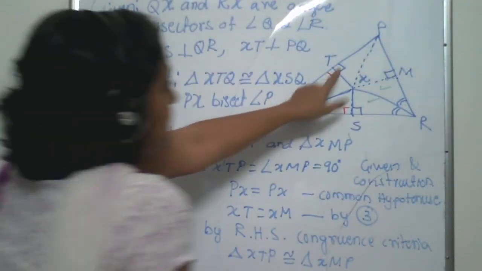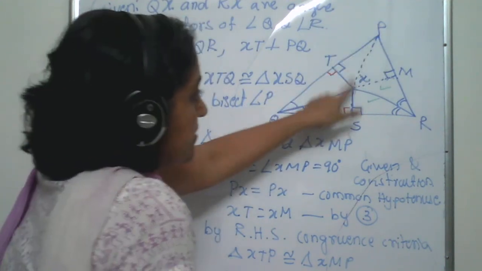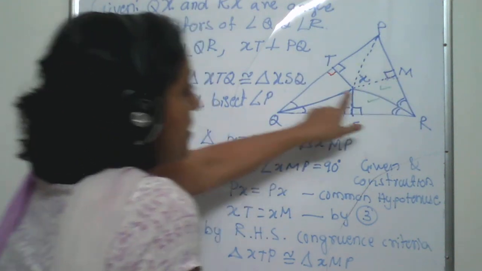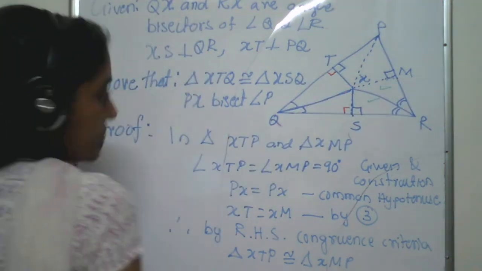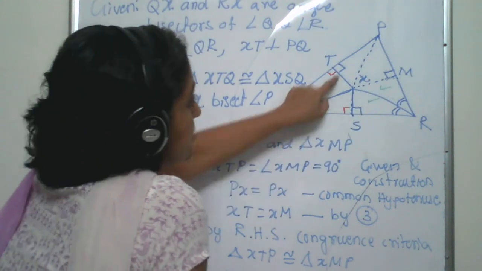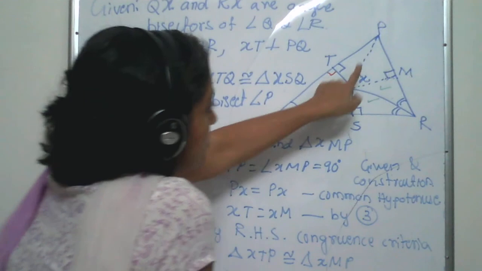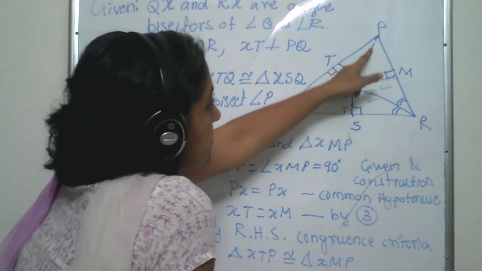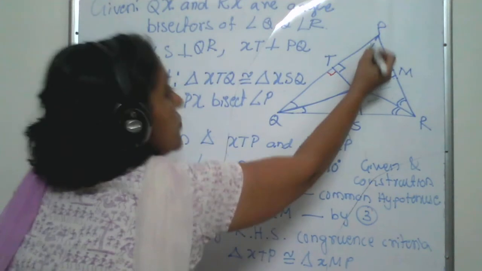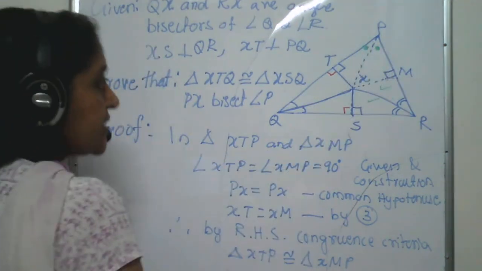I'm showing you now, just watch it here. This is right, this is also right. The hypotenuse is at the center, so it is the common hypotenuse. XT and XM are equal by what we have proved. These two and these two are congruent by that, so it is RHS. Now when these two are congruent, the angles over here become the overlapping angles and they are equal.